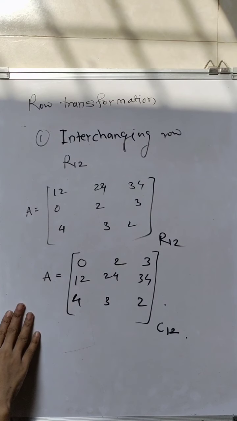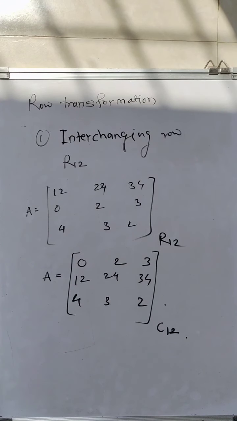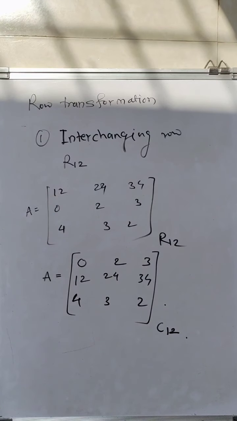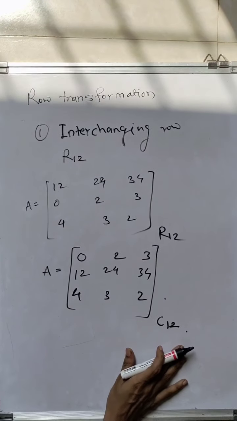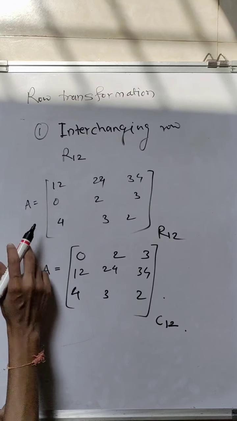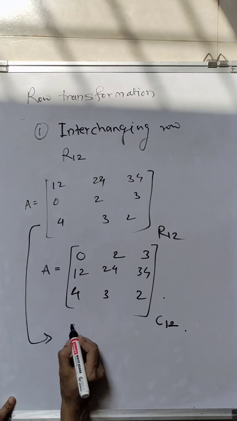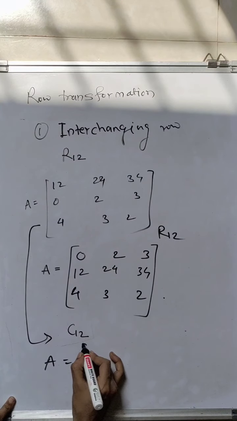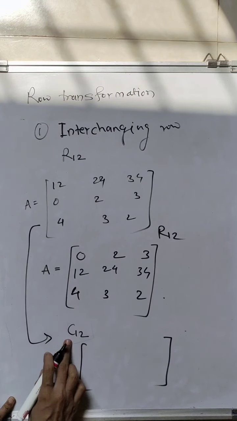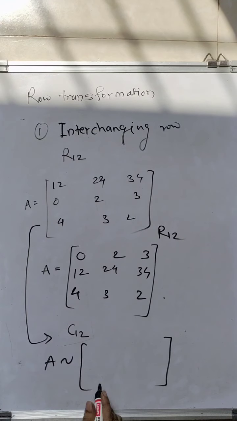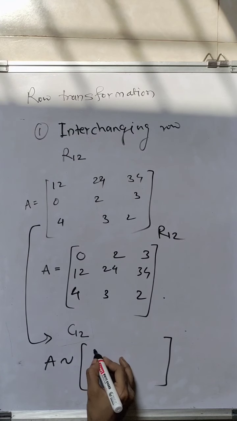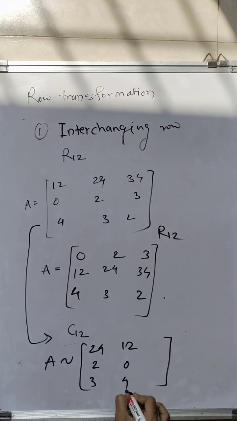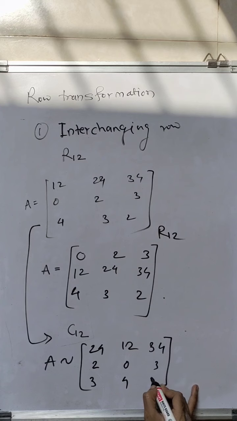If we want to apply a column transformation, similarly it is denoted as C12. After applying C12 on matrix A, it will be equivalent to 2 1 4, 3 4 0, 3 2 2.